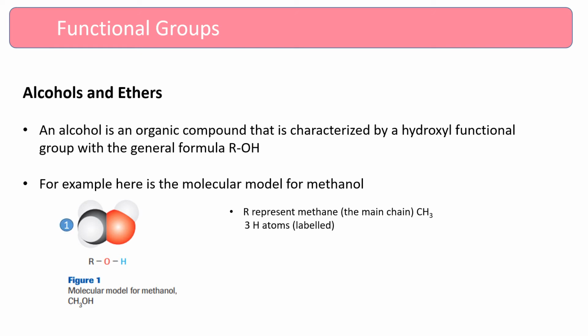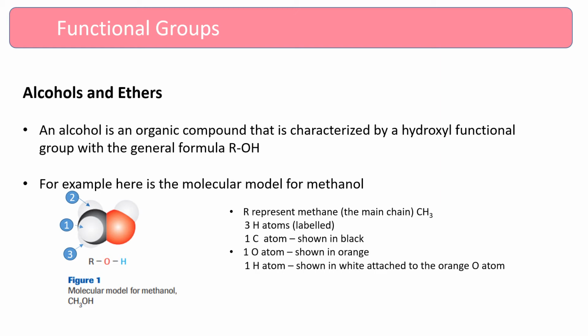You have 3 H atoms and 1 carbon atom, shown in black. We're bonding that to our OH. So we now have 1 O atom, shown in orange, and 1 H atom, shown in white, attached to the orange. So that's a molecular model for methanol.